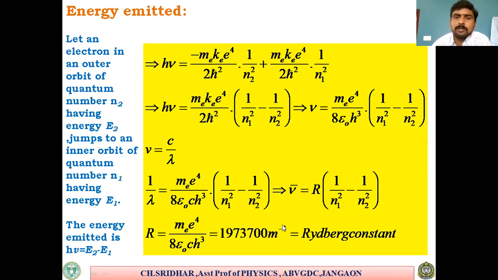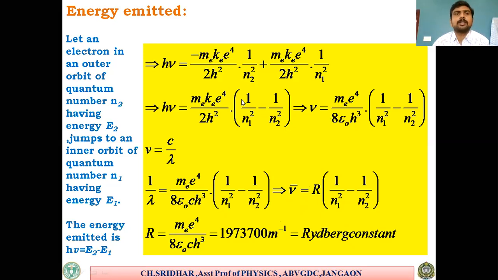As this is the measure for the wave number, the unit for the wave number is meter inverse. So this is the Rydberg constant, this is the wave number of the emitted radiation, and this is the frequency of the emitted radiation.